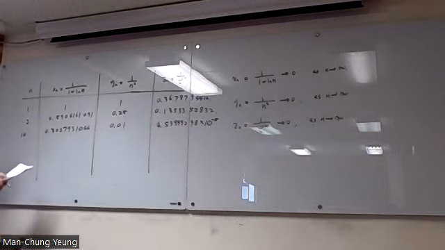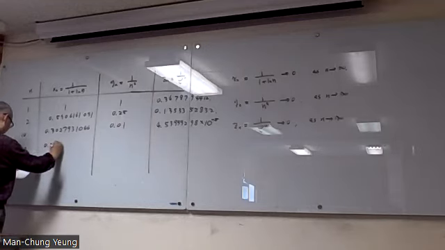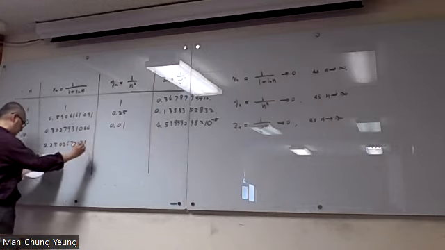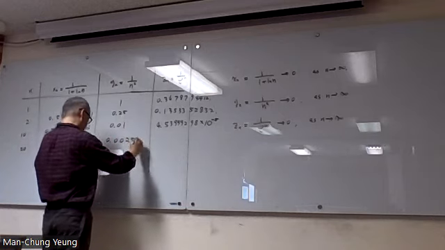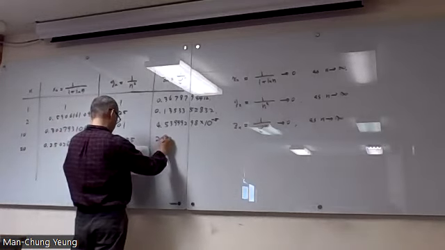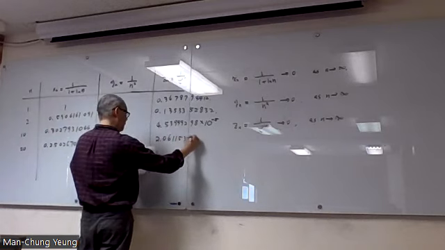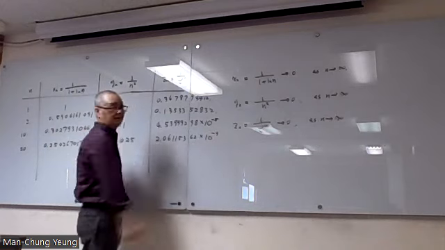How about 20? 0.250267, 10 to the negative 9.